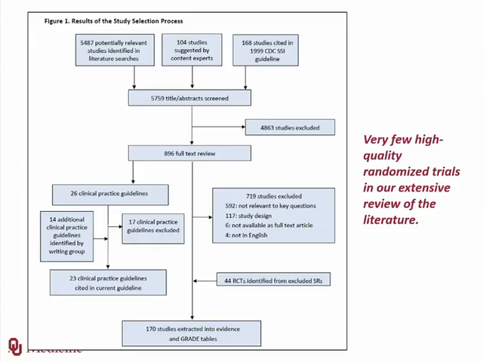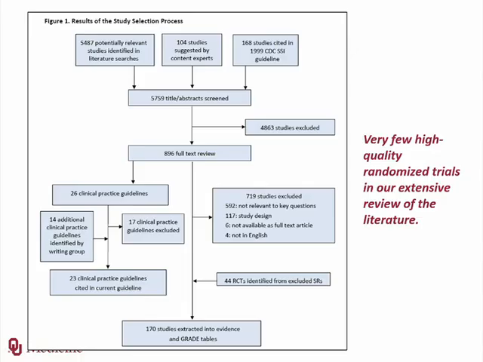Here's the problem for those of us that are writing guidelines on surgical site infections. If you ever get the chance to work with the CDC on a guideline, plan to read a lot. Because we reviewed 5,487 articles. We only found 170 studies that had quality evidence that we could incorporate into grade tables.